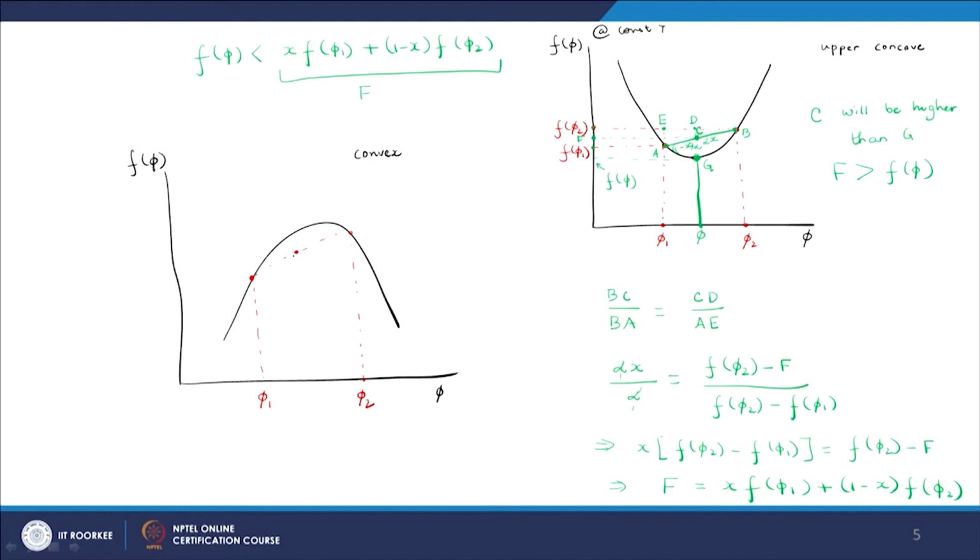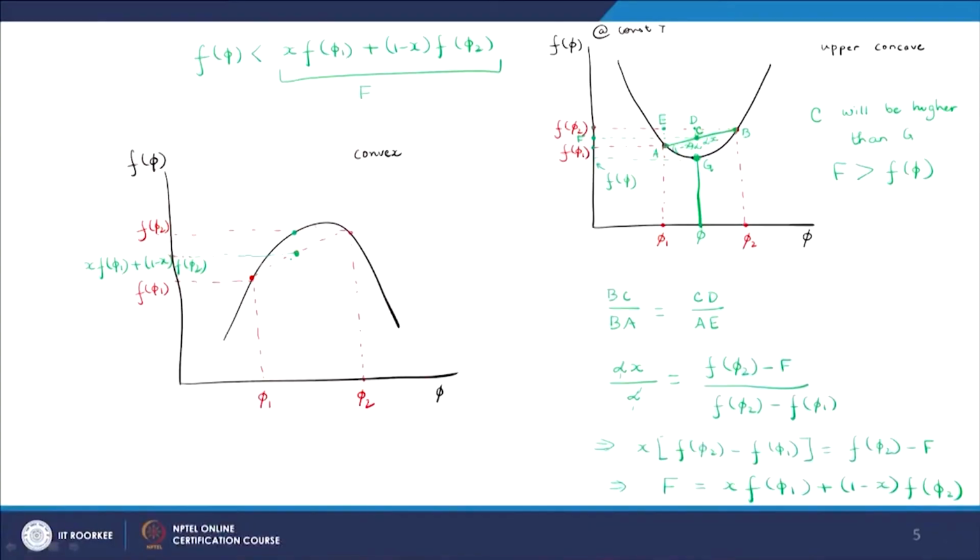Now, if I think of any value in between, so this is my f of phi 1, this is my f of phi 2, and then this value becomes my x multiplied by f of phi 1 plus 1 minus x multiplied by f of phi 2, that is my capital F now. Now, you can see the function value is always higher than this particular point. That is always true in the case of a convex graph.